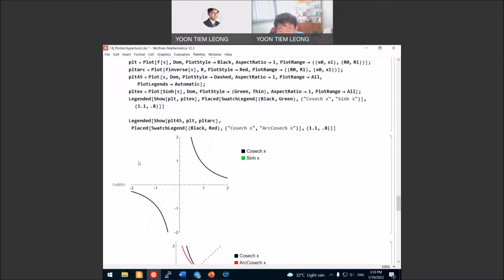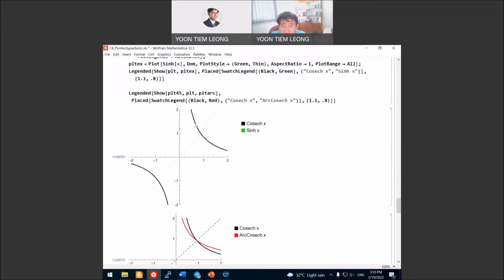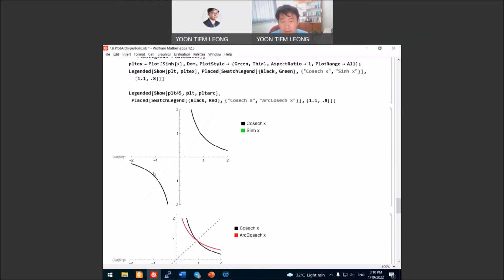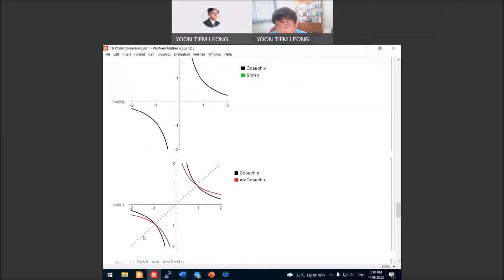You do not need to restrict the domain of the hyperbolic cosecant because it is already a one-to-one function. So the domain of hyperbolic cosecant is from minus infinity to positive infinity. In order to obtain the inverse of the hyperbolic cosecant, just reflect it about the y equals x axis.